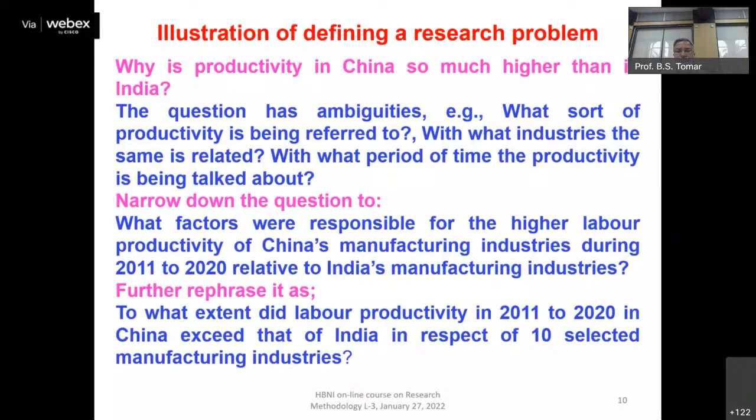So you can choose 10 manufacturing industries and study to what extent productivity in this decade in China exceeded that of India. So you are able to quantify the outcome of your study. That is what is important in focusing on your research problem.